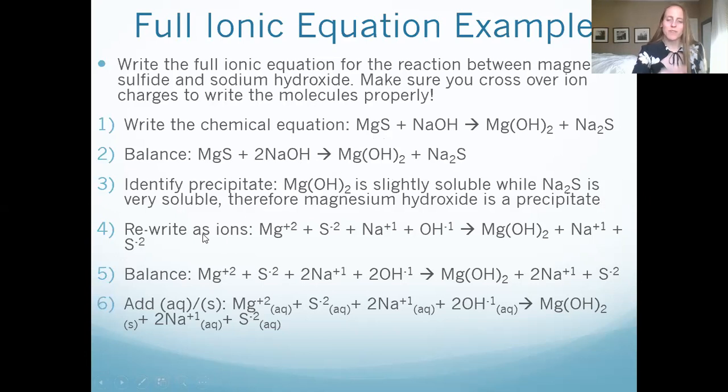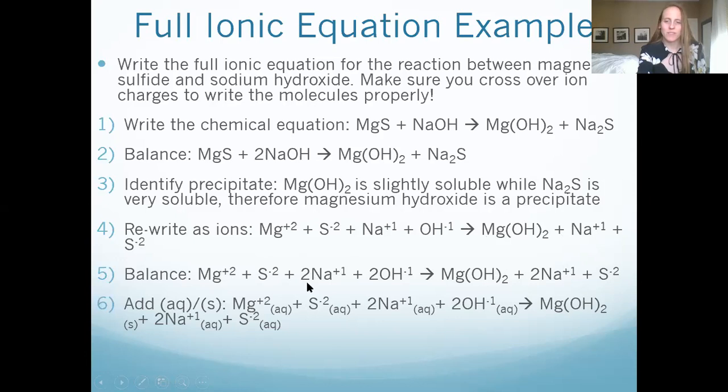Then we are going to rewrite everything as ions. So we're going to dissociate every single compound in the equation except for the precipitate. Our magnesium sulfide gets broken apart, our sodium hydroxide gets broken apart, and our sodium sulfide gets broken apart. Again, it is only the magnesium hydroxide, the precipitate, that stays whole. Then we balance our equation once again.